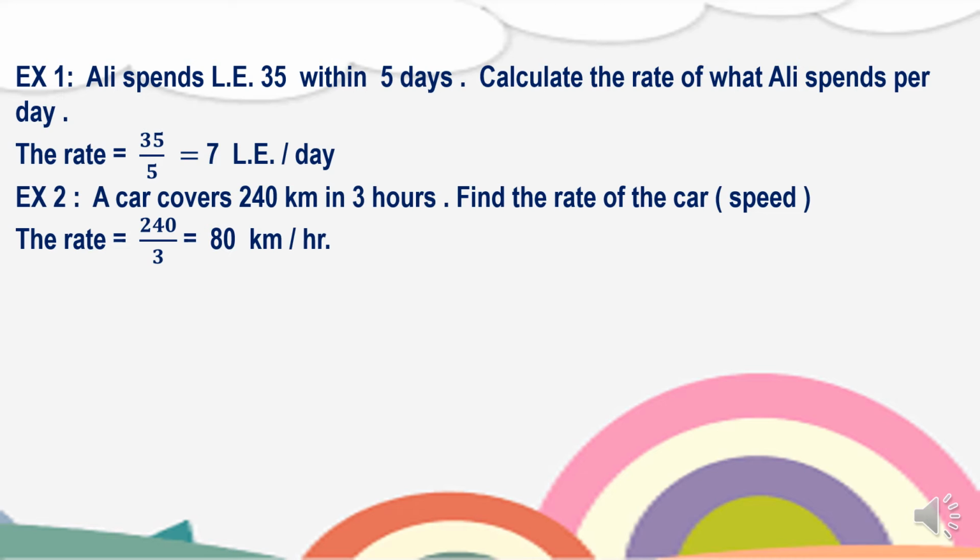When I have time in the rate question, the time is always in the denominator. I always put the time down in the denominator. So 240 over 3 equals 80 kilometers per hour. That means each 1 hour this car covered 80 kilometers.